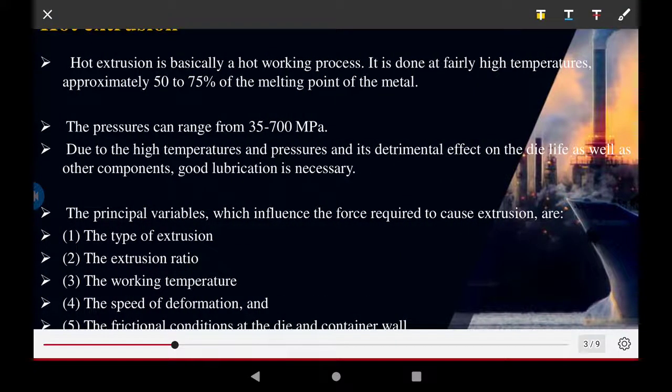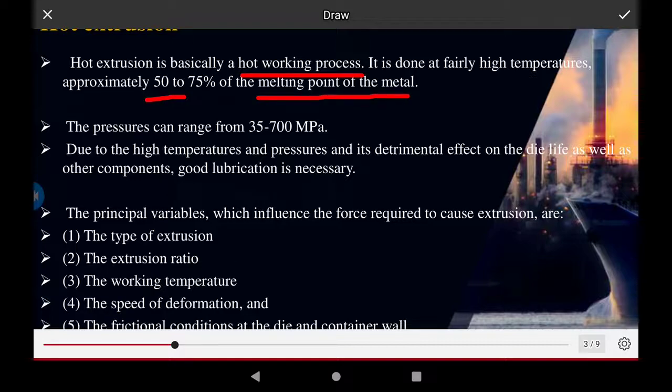Hot extrusion process. Hot extrusion is basically a hot working process. It is done at high temperatures, approximately 50 to 75% of the melting point of the metal.